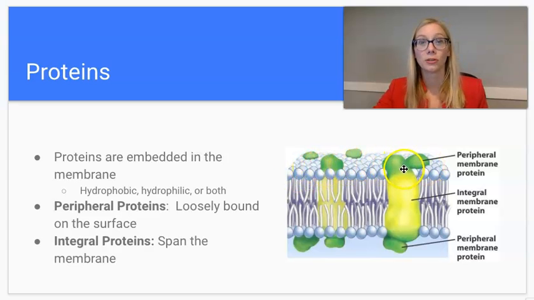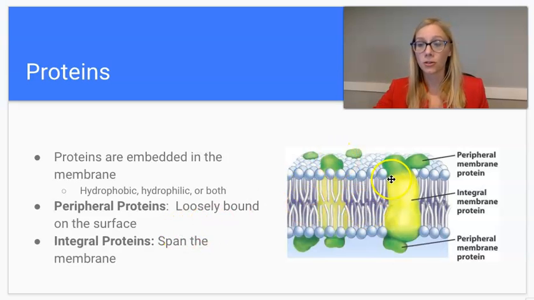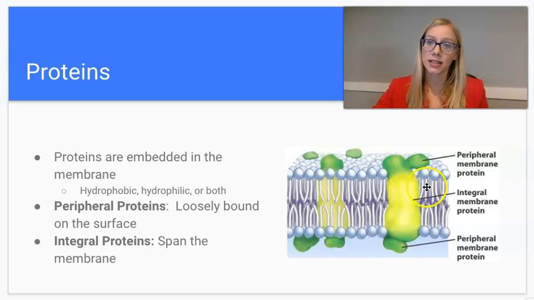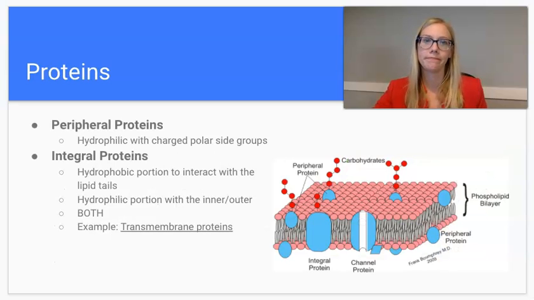They tend to be more loosely bound and you can think of them as connected to the phosphate part. Then we have integral proteins that go through your entire phospholipid bilayer. So they have to have parts that are hydrophobic and parts that are hydrophilic. They span the membrane, if you will.